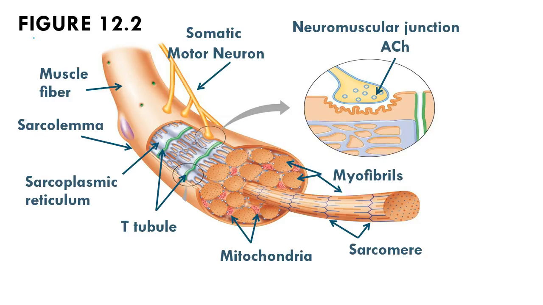It's working just the same in your muscle as it would in your nerve cell. And so we have sodium at rest in greater concentration outside of the cell. So if I open up a channel, sodium will flow in. Sodium will flow into the muscle cell, causing it to depolarize.